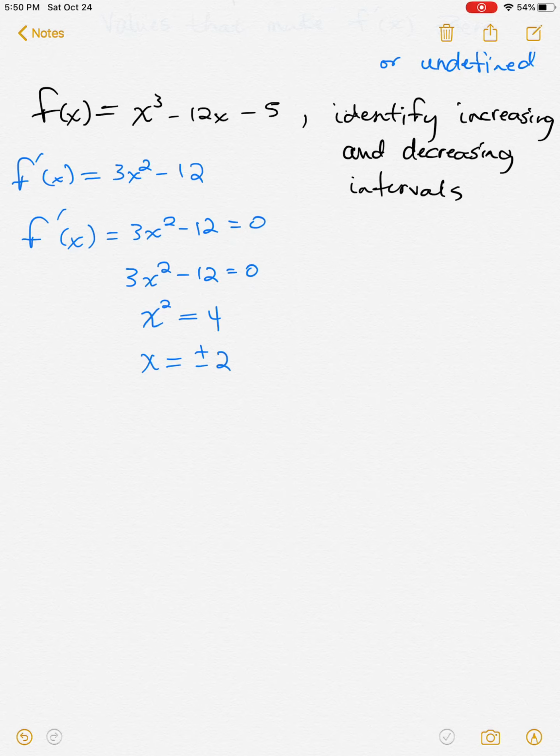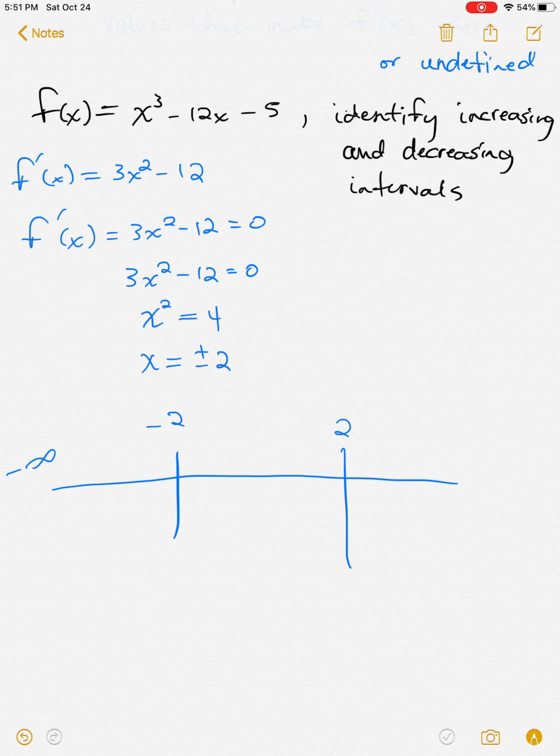All right. Now to find the intervals of increase or decrease, you take your critical values and you put those critical values on an interval table. And you would choose numbers between those critical values and plug it into your first derivative. So picking numbers between negative infinity and negative 2, I'm going to choose negative 10.